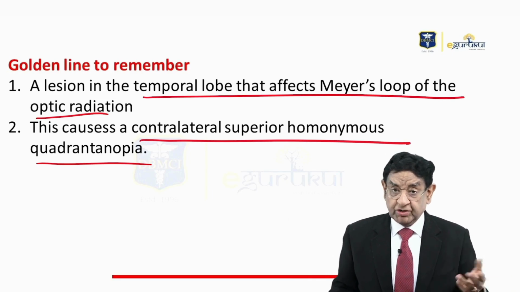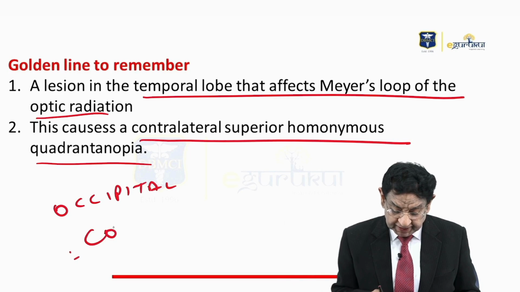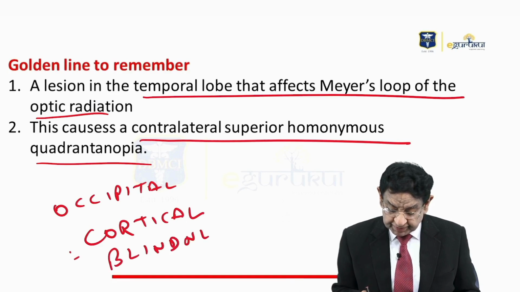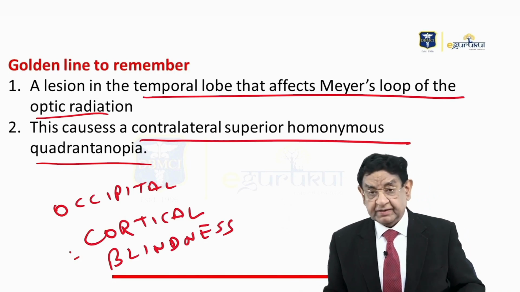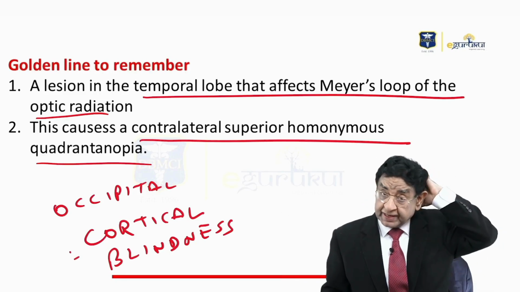And just to add on, if the lesion lies in the occipital lobe, that is known as cortical blindness. Why? The reason being, the ultimate end point of vision is in the occipital lobe. You can keep your hand at the back. This is the occipital area.